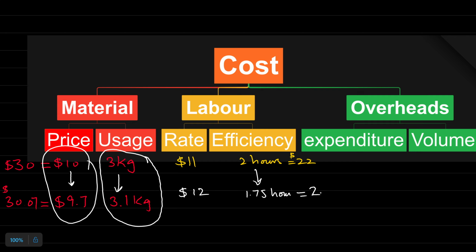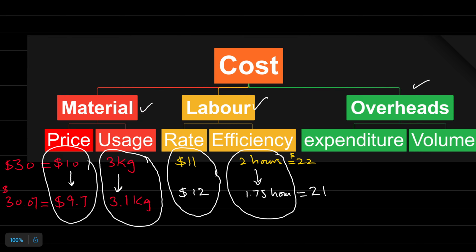So total cost was $21. So here you can observe there are two differences: labor rate variance, labor efficiency variance. Labor worked more efficiently. Students, in this video we will discuss material and labor. In the next video we will discuss overhead variances, and in the third video we will discuss reconciliation.